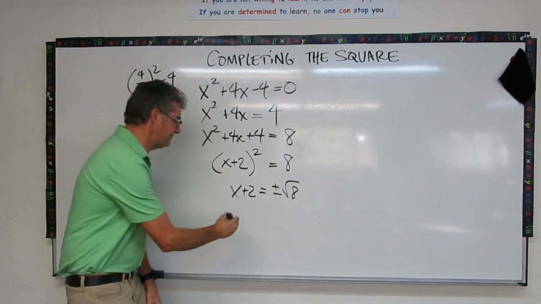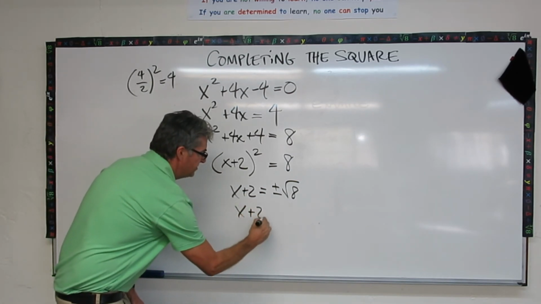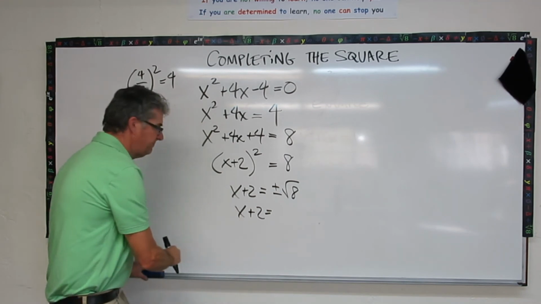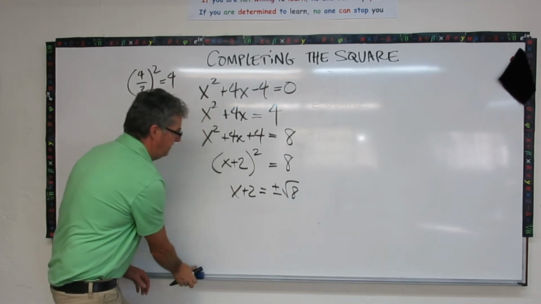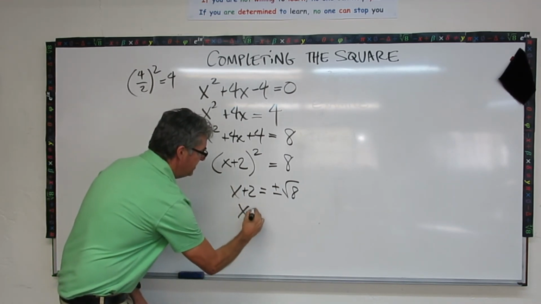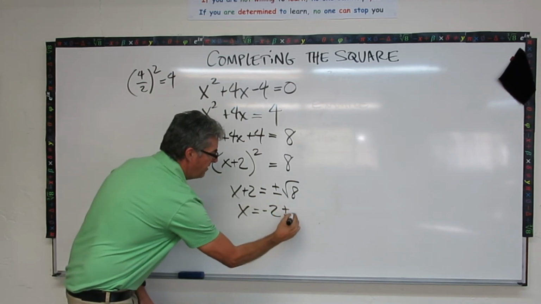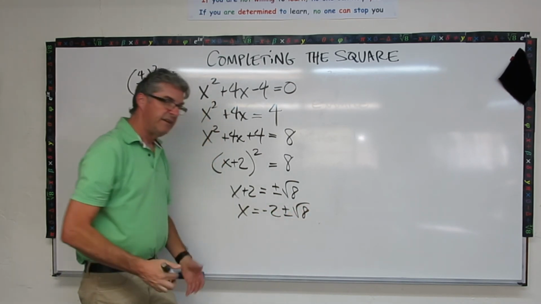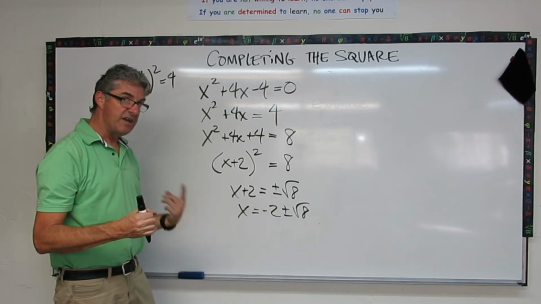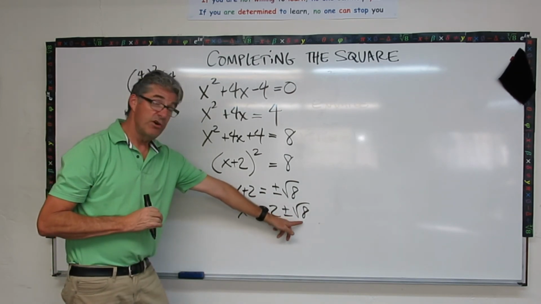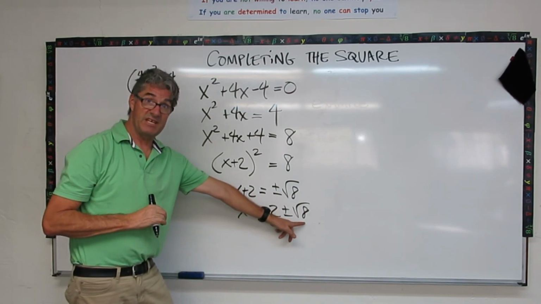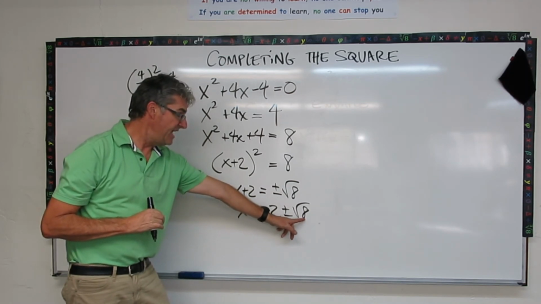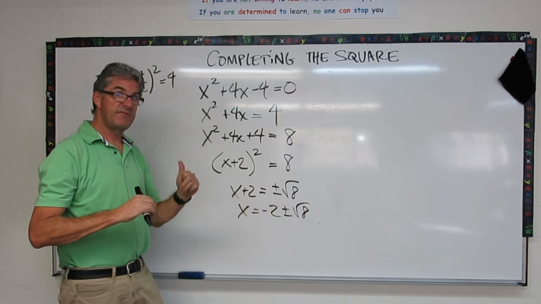Almost done. x equals -2 plus minus root 8. Now, am I done? Not quite. You're on the hook to simplify radicals that can be simplified. 8 is 2 times 4.